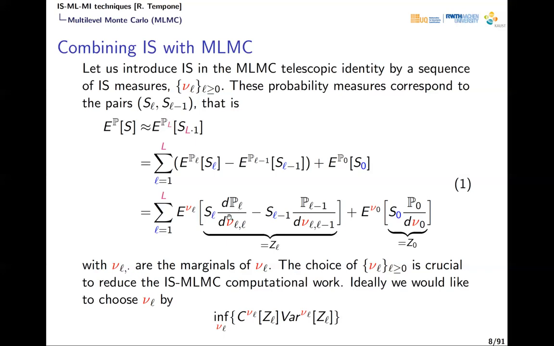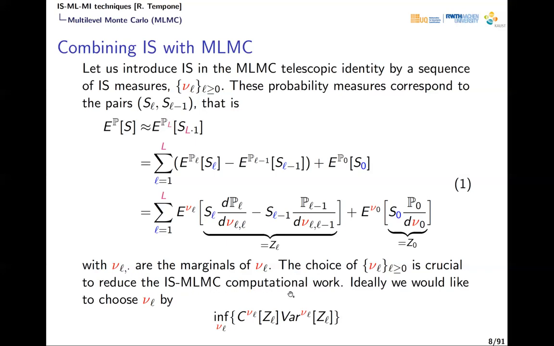And the choice of this nu L, as you will see, is fundamental for this importance sampling combined with multi-level Monte Carlo to work. In fact, we choose the nu L's, or ideally choose the nu L's, in such a way that the computational work for the importance sampling multi-level Monte Carlo is minimized.